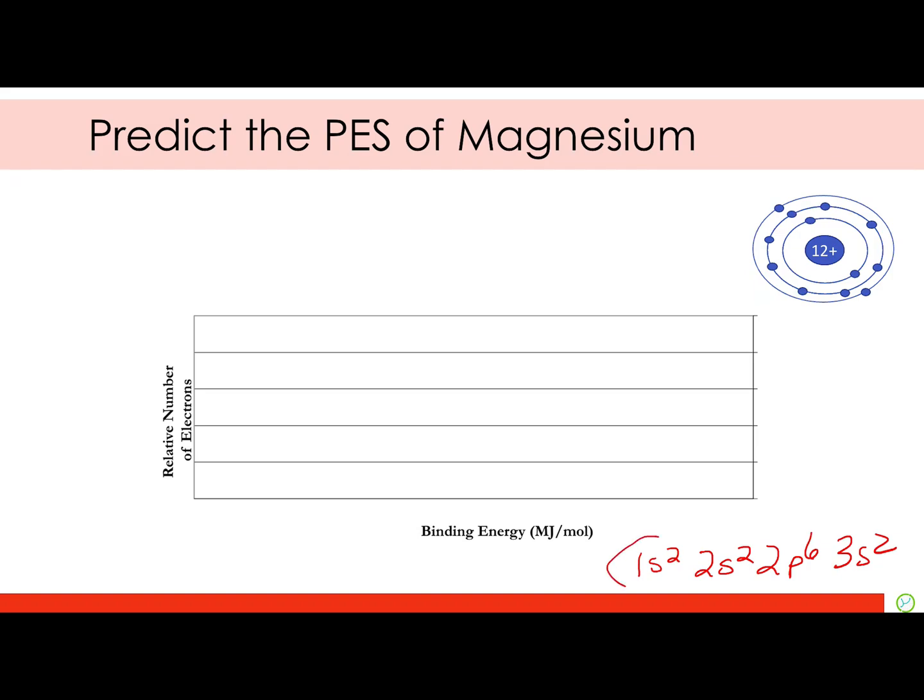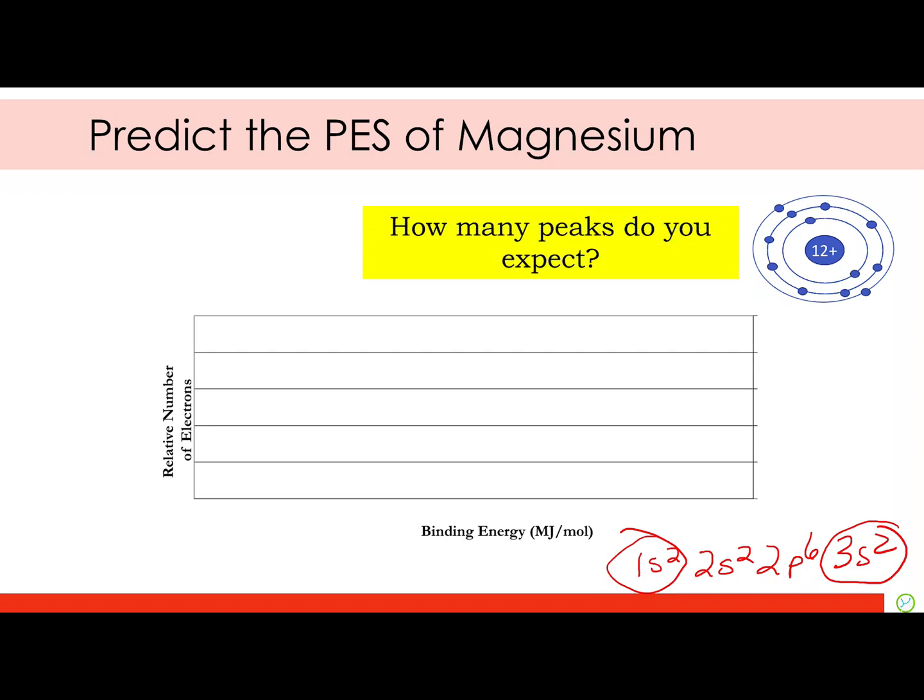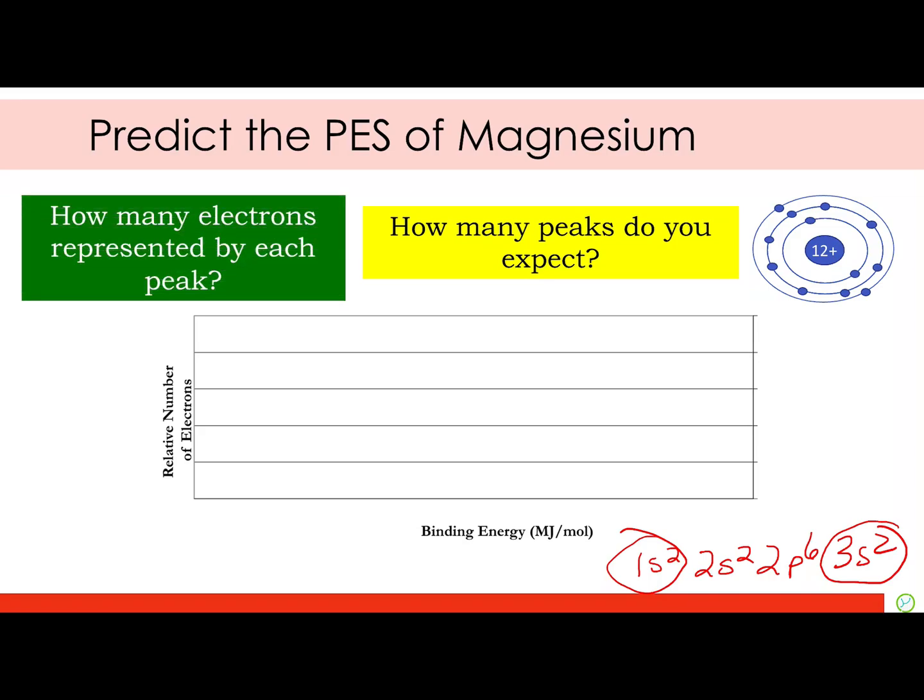The 1s2 will be closest to the nucleus. The 3s2 will be furthest away from the nucleus, with the 2s and the 2p in between. And so how many peaks do you expect? Hopefully you recognize that you would see 4 peaks, and then there would be 2 electrons, 2 electrons, 6 electrons, 2 electrons.